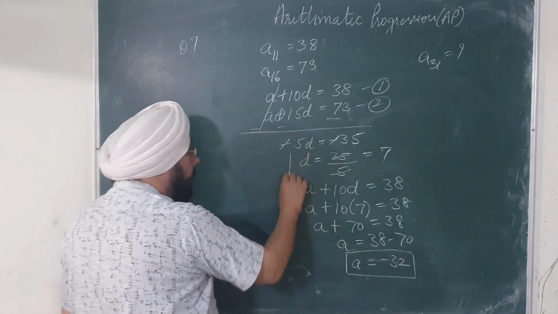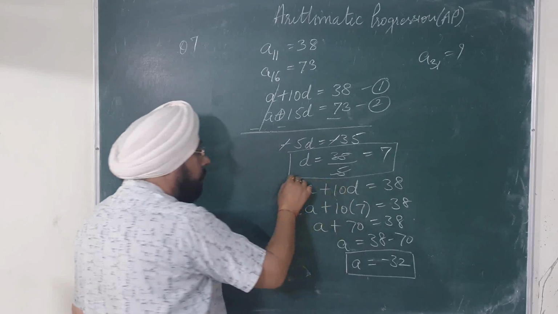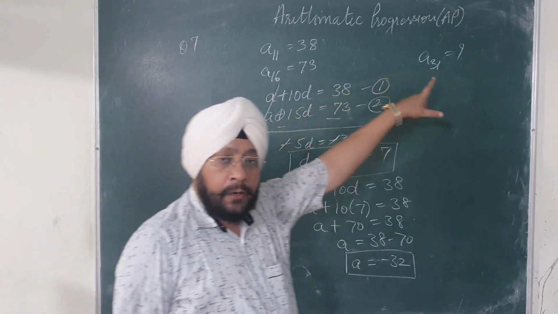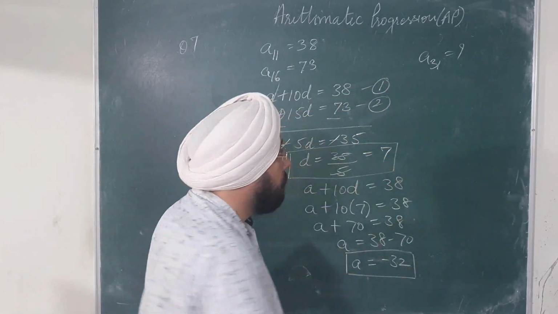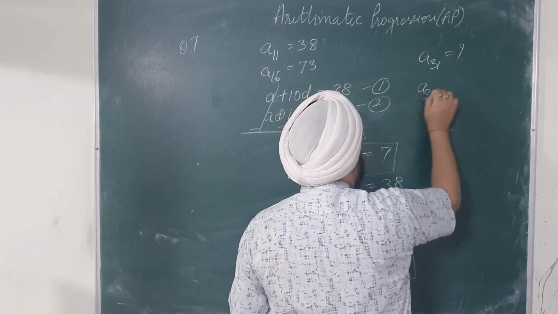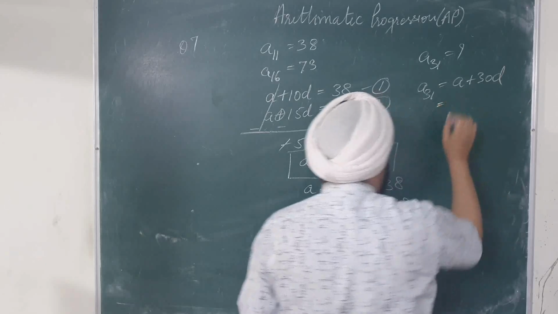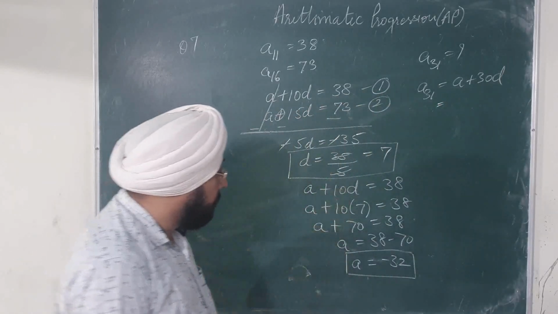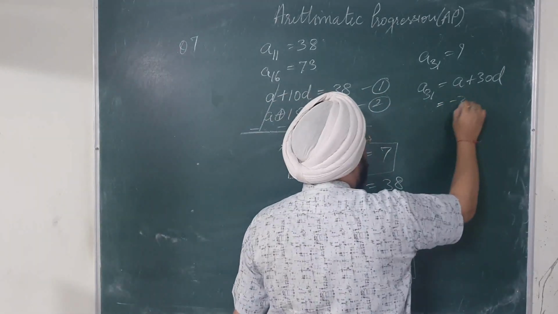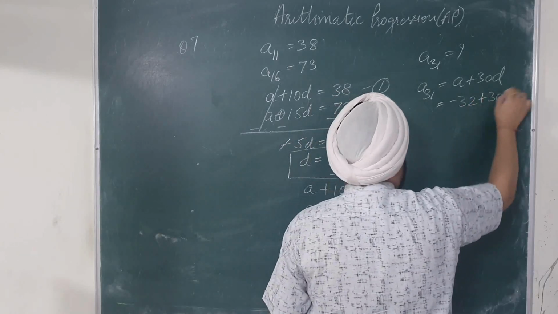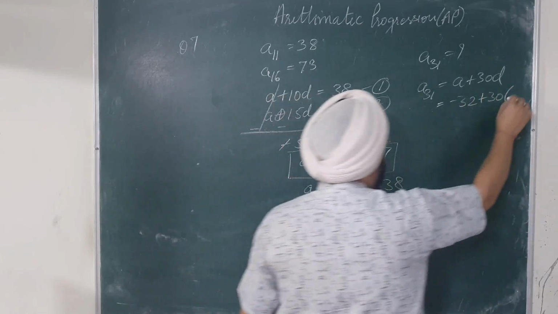Now we have a and we have d, and we have to calculate the 31st term. So the 31st term is equal to a plus 30d. Substitute the values of a and d. So a is minus 32 and d is 7.